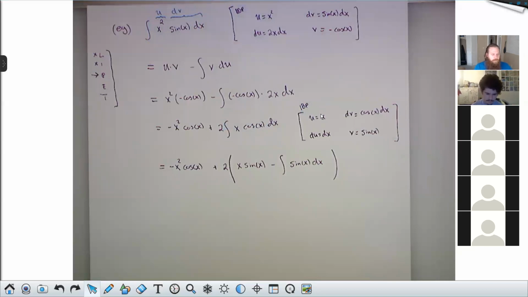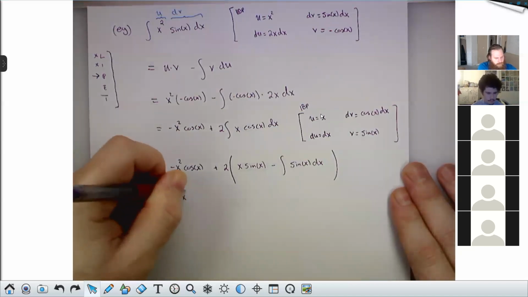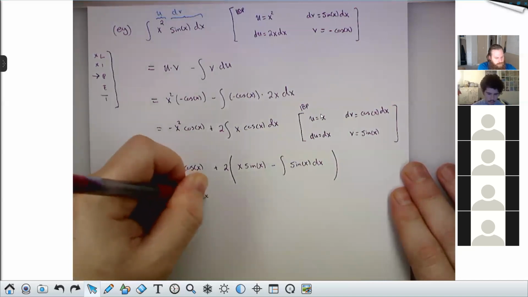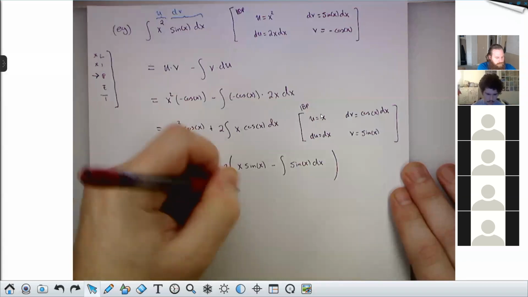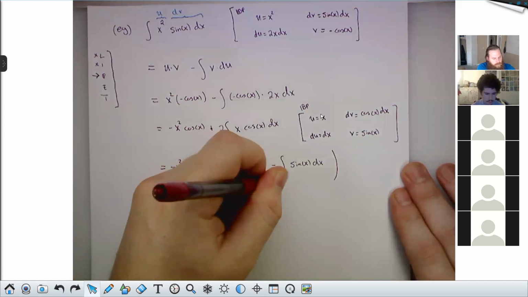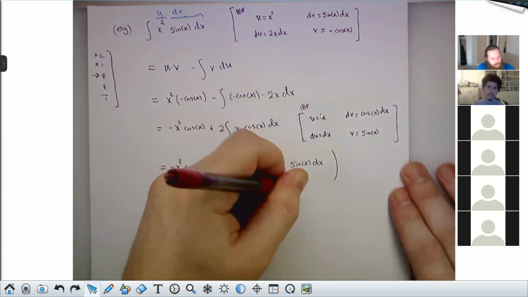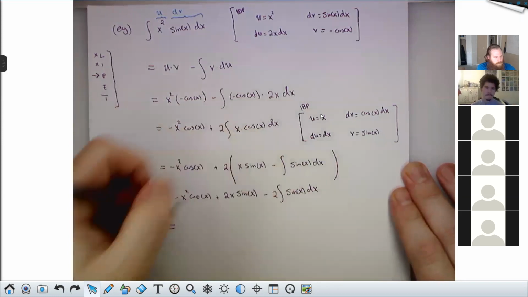So let's finish this up, and then I'll give another general guideline as to what to use when. Negative x squared cos x, still chilling. I'm going to distribute this 2 now, so I'll have plus 2x sine x minus 2 times the integral of sine x dx. And then the integral of sine x we can calculate.